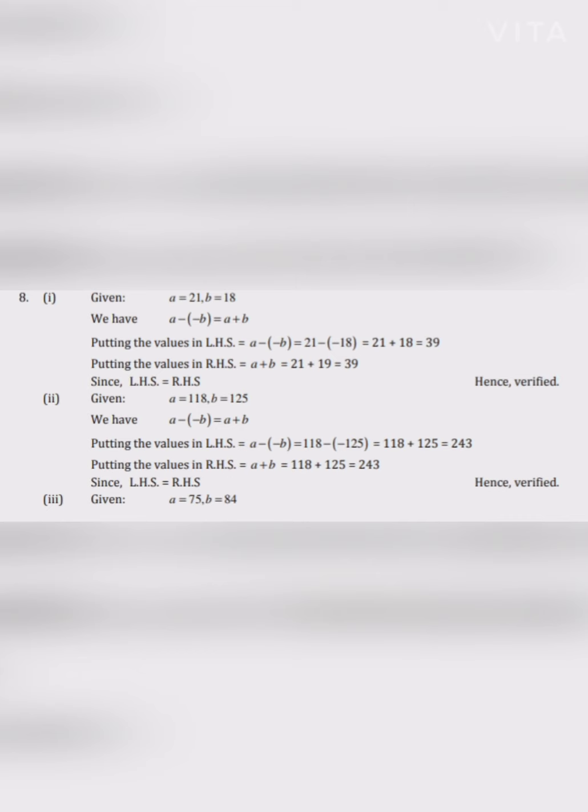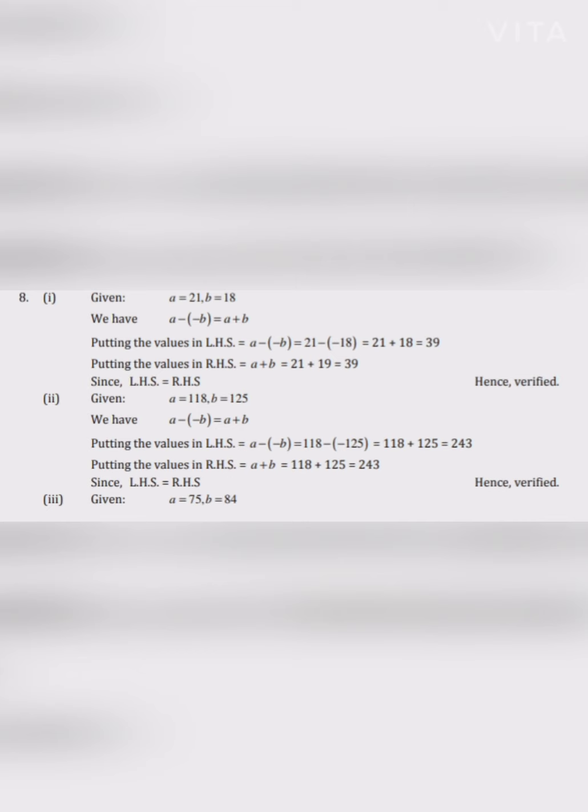Putting the values in LHS, a minus b will be 118 minus 125, which is 118 plus 125, which is 243. Putting the values in RHS, a plus b is equal to 118 plus 125, which is 243, since LHS equal to RHS.